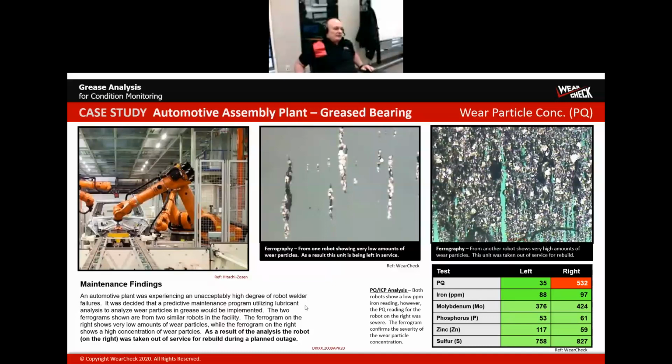They had a very thorough grease program where they were testing several of the axis joints and bearings on these robots on a monthly basis, and they were using PQ analysis to assess the condition of the bearing. They have spare robots, so it's really not a huge issue to change out a robot. The reason for the program, though, was that if a robot failed during production, we're talking about $1 million an hour.